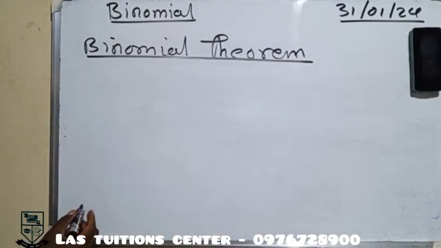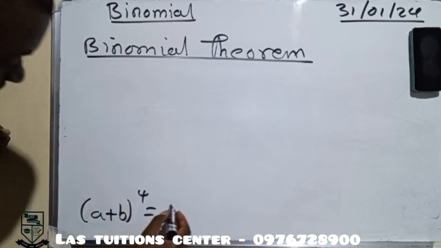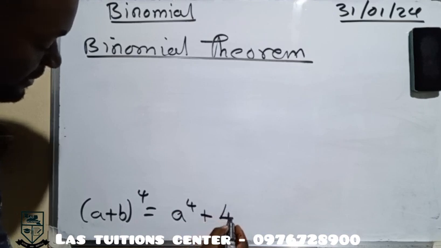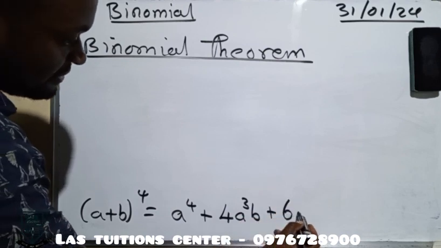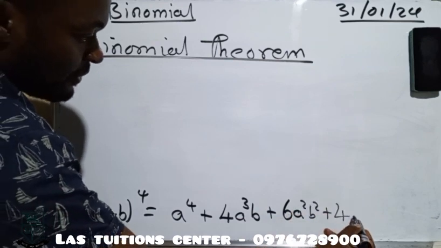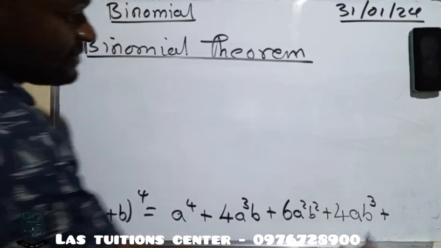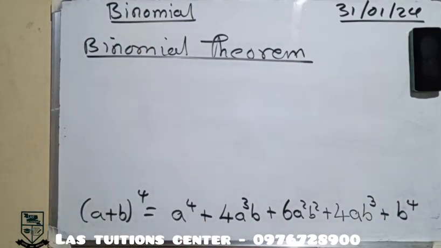We tried to do a plus b to the power 4, and if I remember very well, it gave us a to the power 4 plus 4a to the power 3 b, plus 6a squared b squared plus 4 a b to the power 3 plus b to the power 4. Something like this, if I remember very well. That's how it was. Yes.